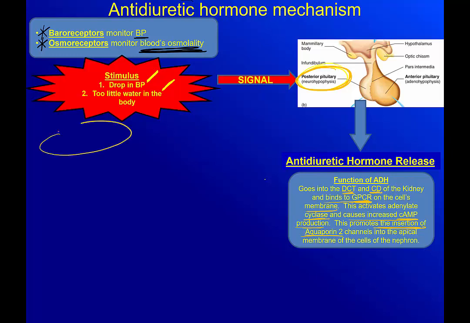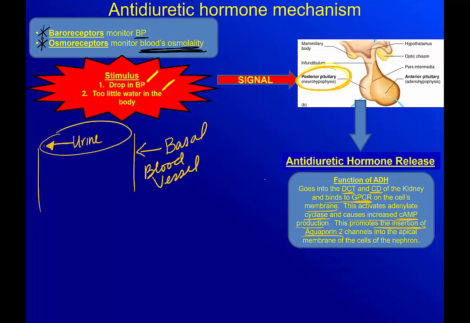So remember that in our tube, the apical part of our membrane was the membrane that's closest to the urine, because this is the basal membrane that's closest to our blood vessel out here. Okay, so I'm basically inserting water channels near where my urine is on this inner surface here.